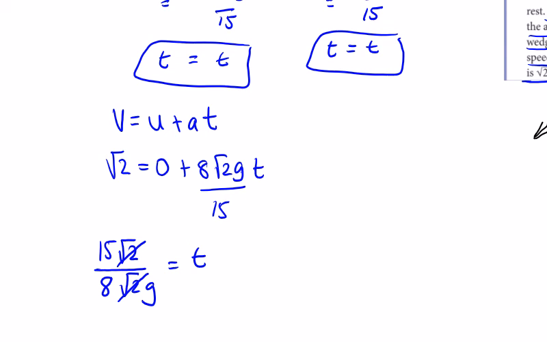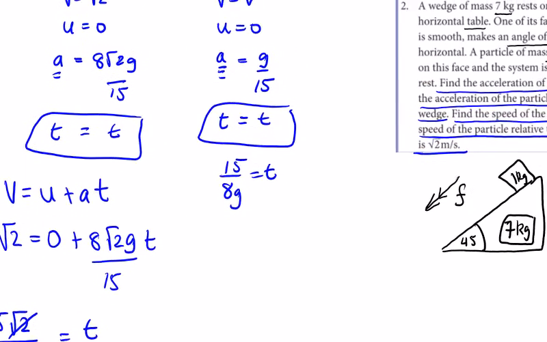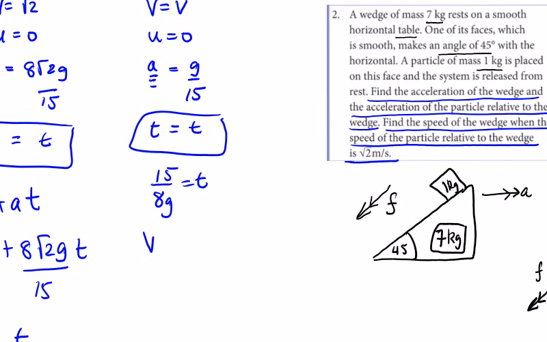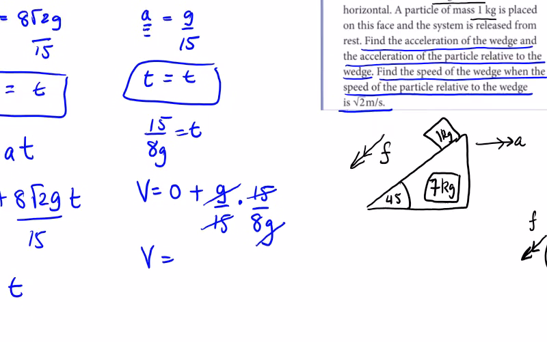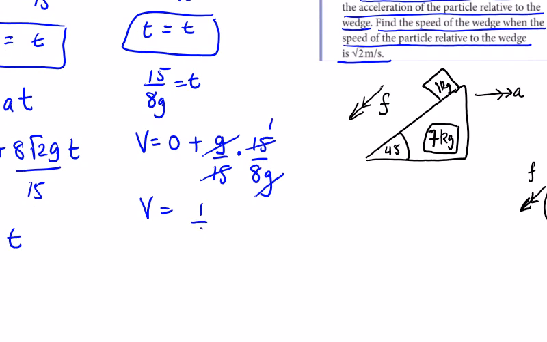So we get 15 over 8g is equal to the time taken for the particle to get to that speed. So we're looking for the velocity of the wedge. That's going to be equal to 0 plus g over 15 times t, which is 15 over 8g. Cancellation city: the velocity of the wedge is 1 over 8 meters per second.